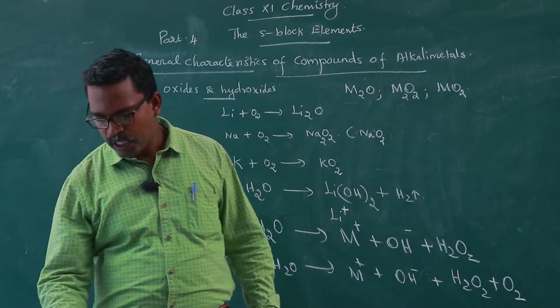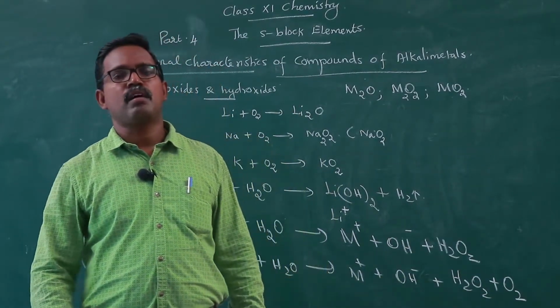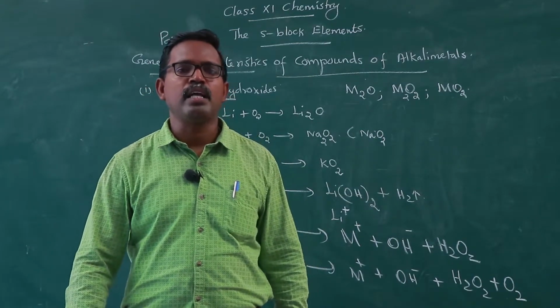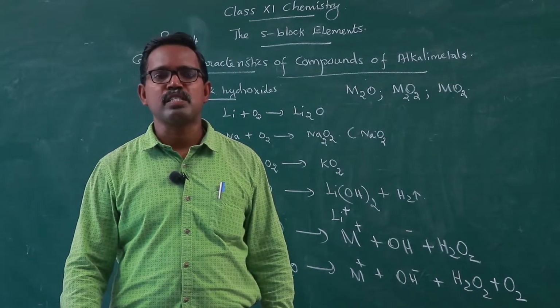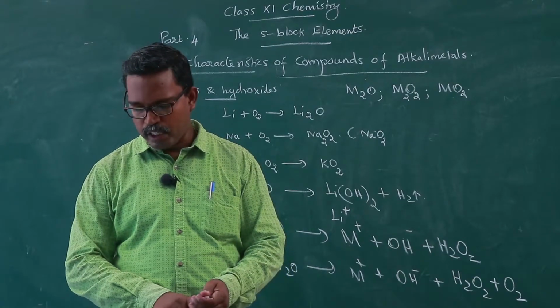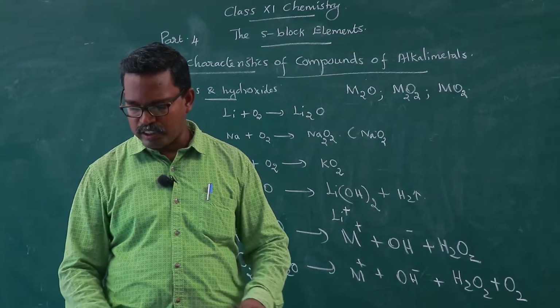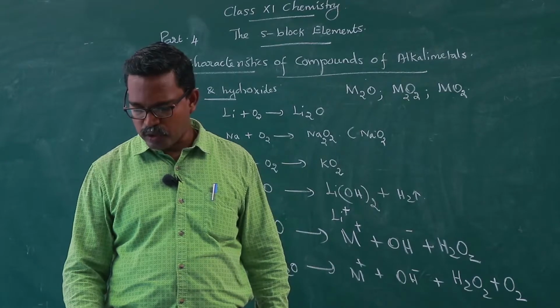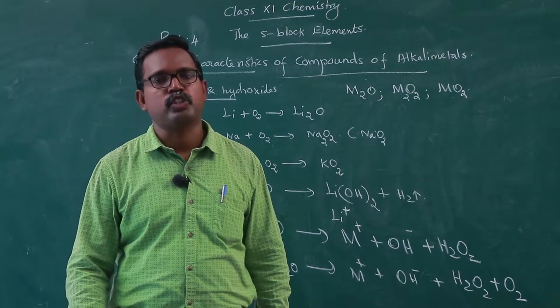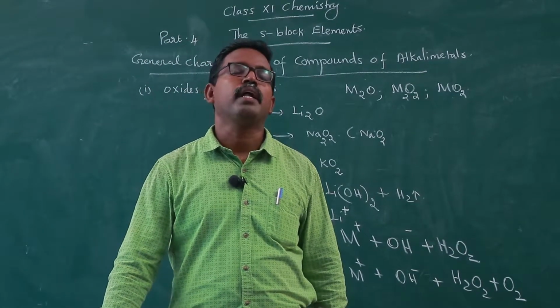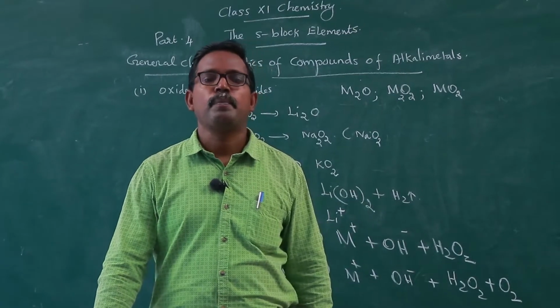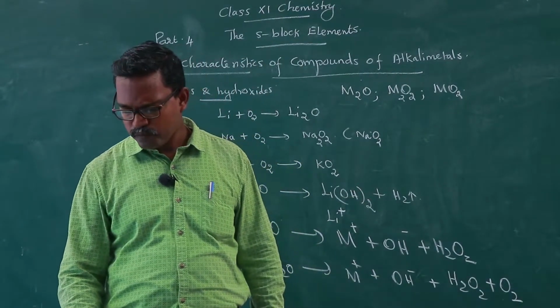The oxides and peroxides are completely colorless compounds when pure, but the superoxides are yellow or orange in color. Superoxides are also paramagnetic in nature because of the presence of unpaired electrons.